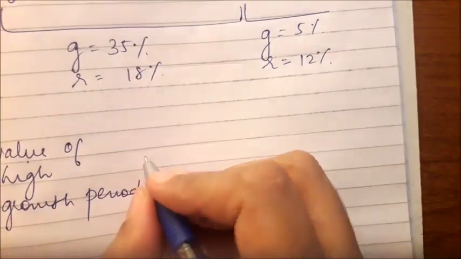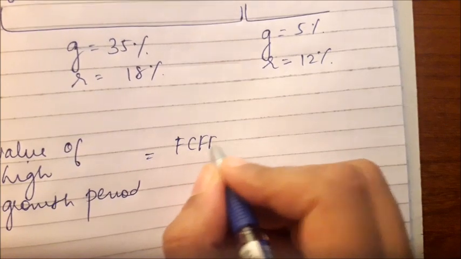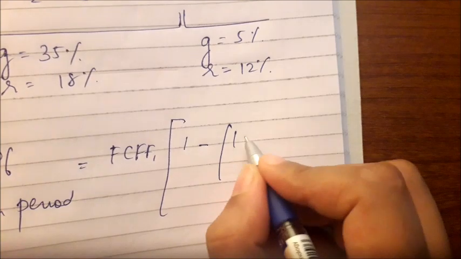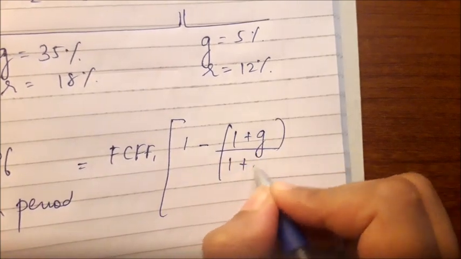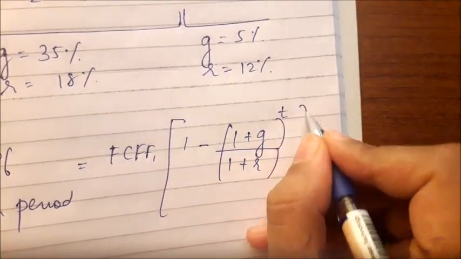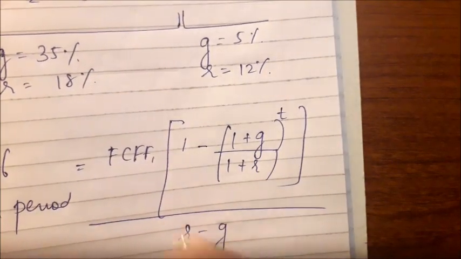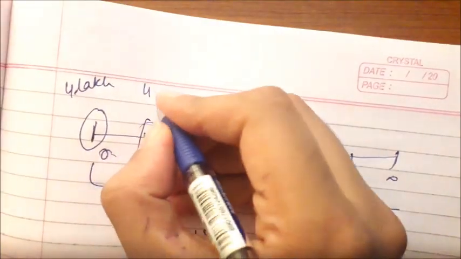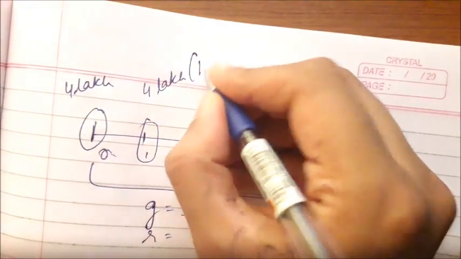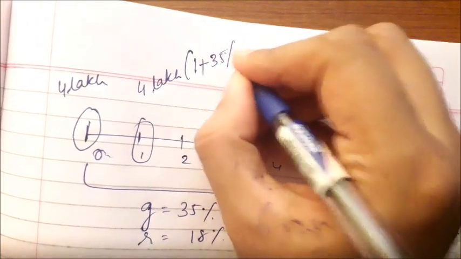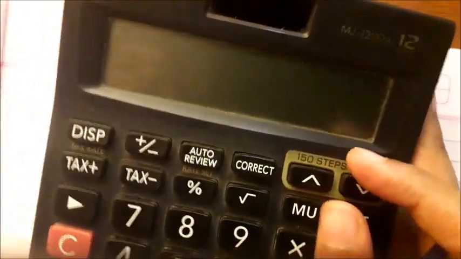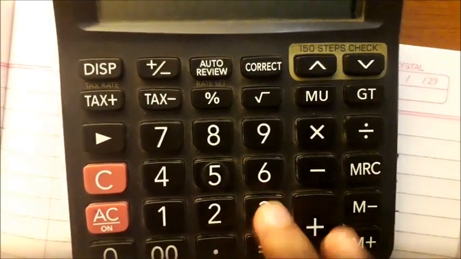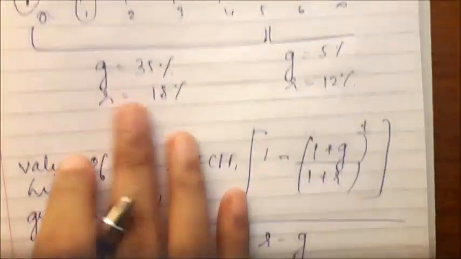It's going to be free cash flow to the firm at year 1, times 1 minus (1 plus g over 1 plus r) to the power t, divided by r minus g. So we have to find this for 4 lakh, with 1 plus g being 35 percent. The calculation gives 4 into 1.35, which is going to be 5.4.